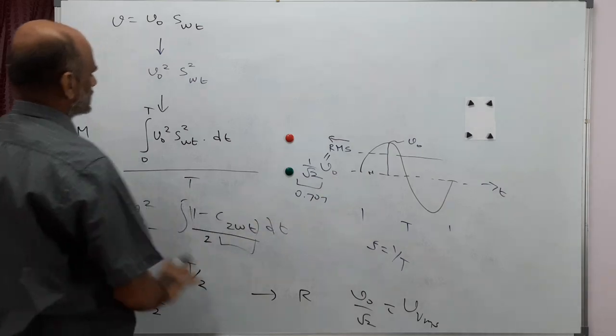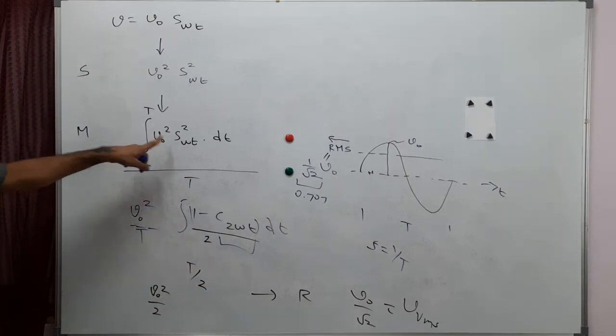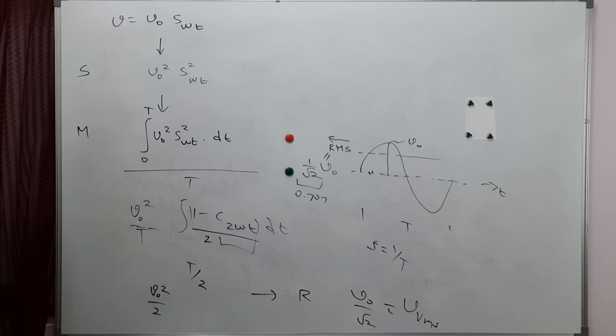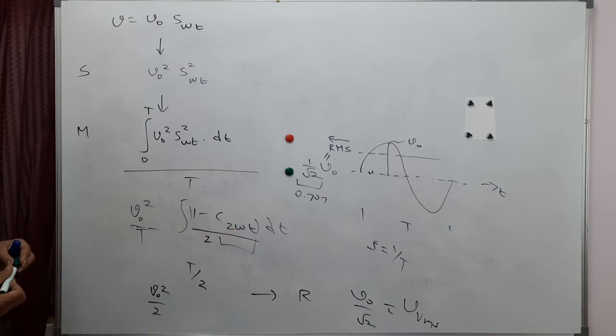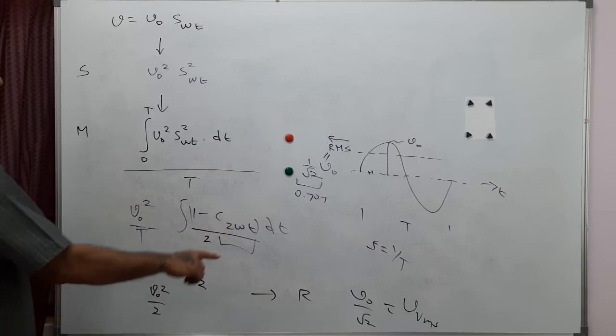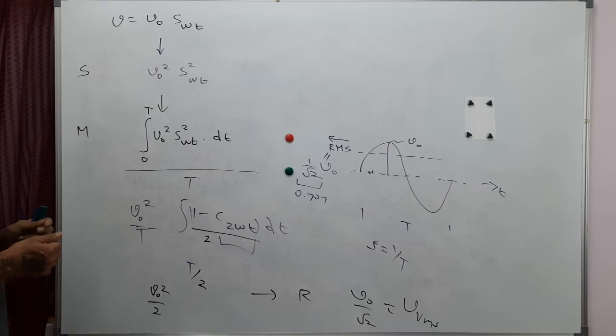You will sum them up and divide by the total time T. This is taking the average mean. We are using sine square as 1 minus cos 2 theta by 2, where theta is omega t. And this term will be 0 because of equal positive and negative quantity. So the RMS value is 1 by root 2 times the peak value.